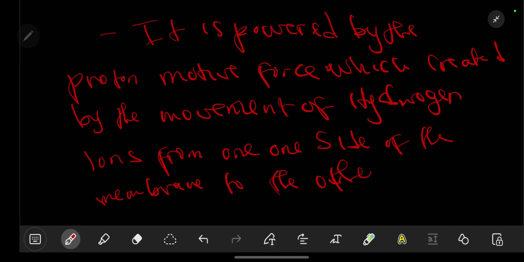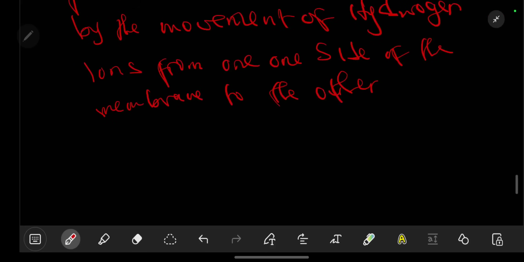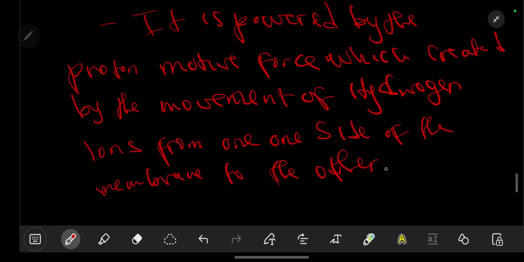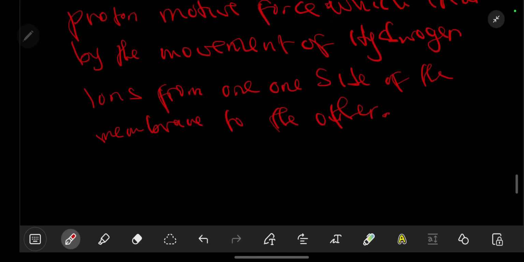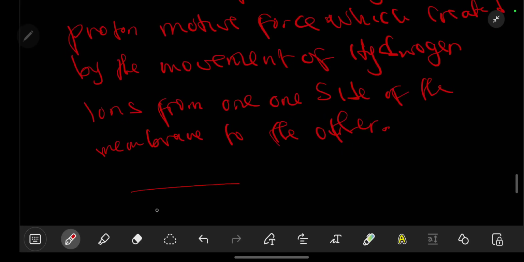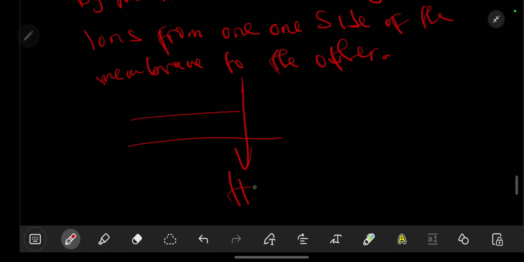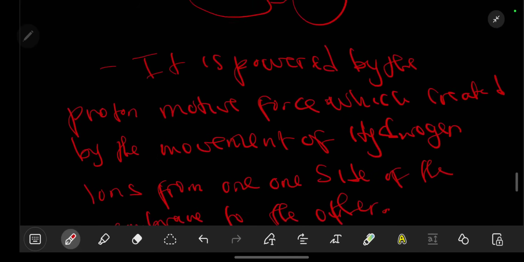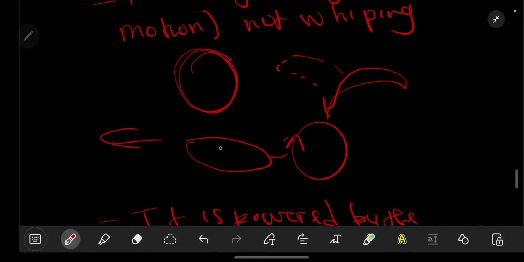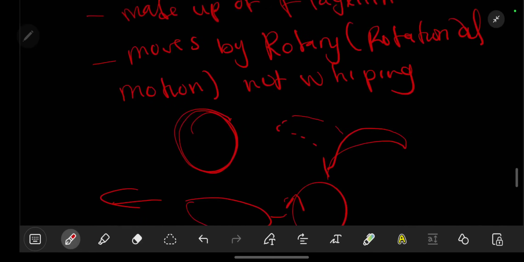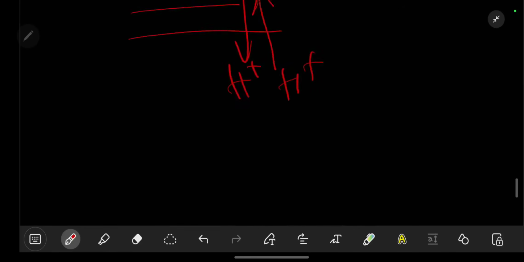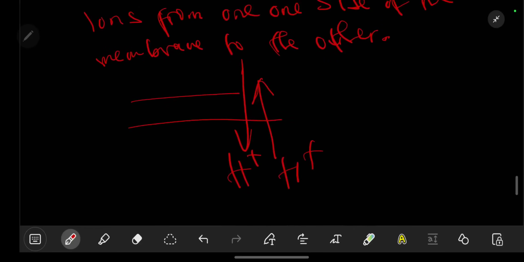So as they move in and out, they create this force, not directly ATP, but this force. So as hydrogen ions move in and out of the membrane, they create the proton motive force, which powers the rotation of the flagellum. So those are the characteristics of the prokaryotic flagellum.